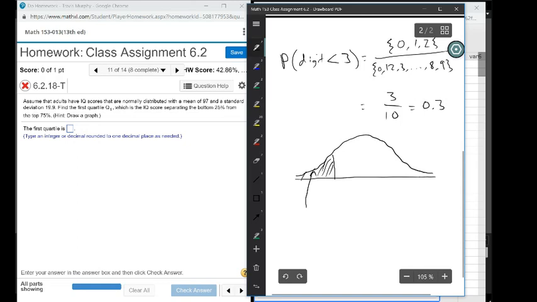So quartile means 25%, right? So the area of the first quartile is 0.25.